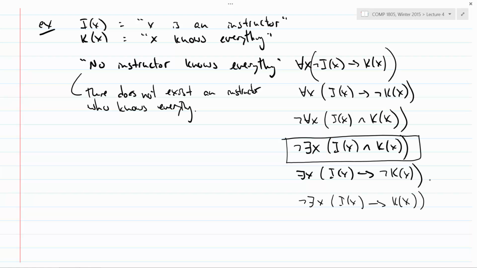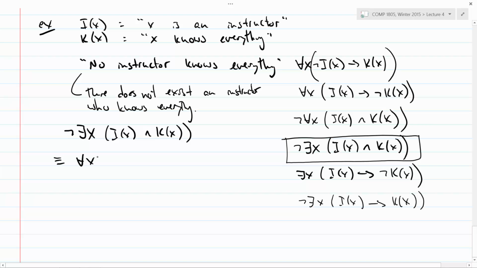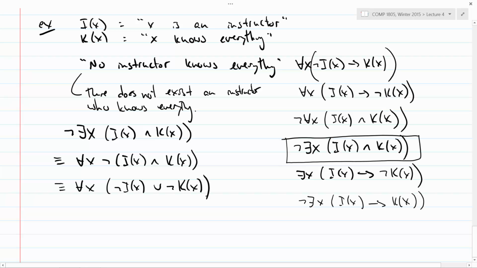All right, so we like this one. There does not exist an x such that I of x and K of x. But notice that this is exactly the same as for all x, it is not the case that I of x and K of x. And we already know that that is the same thing as not I of x or not K of x, by De Morgan's law.